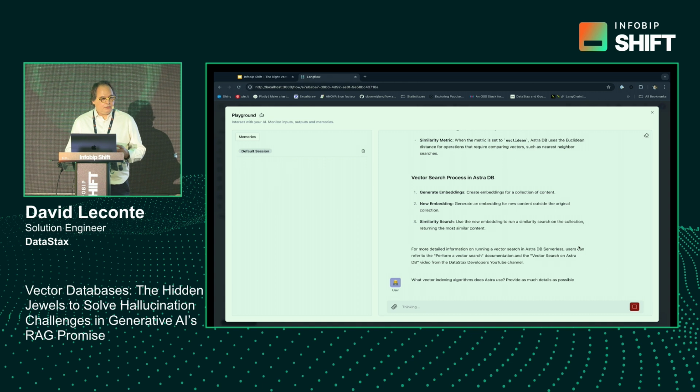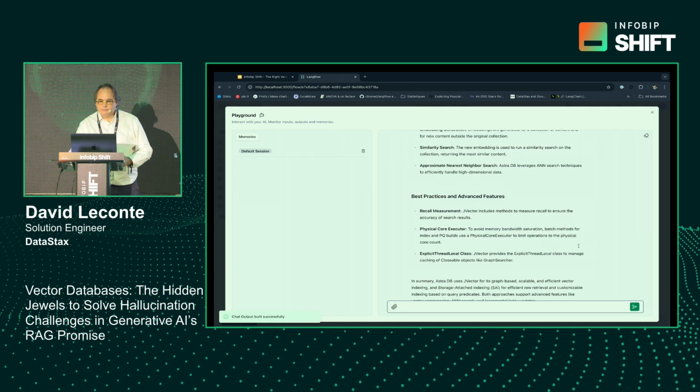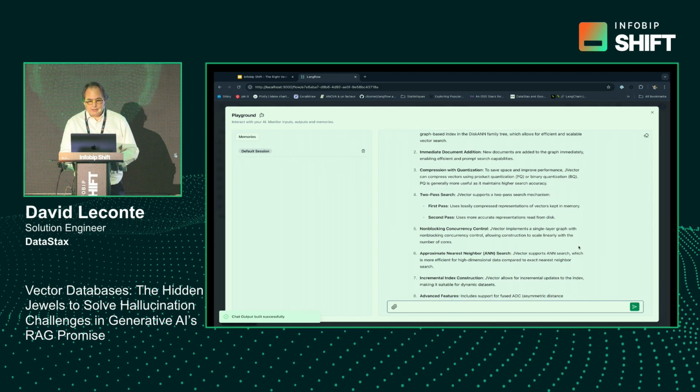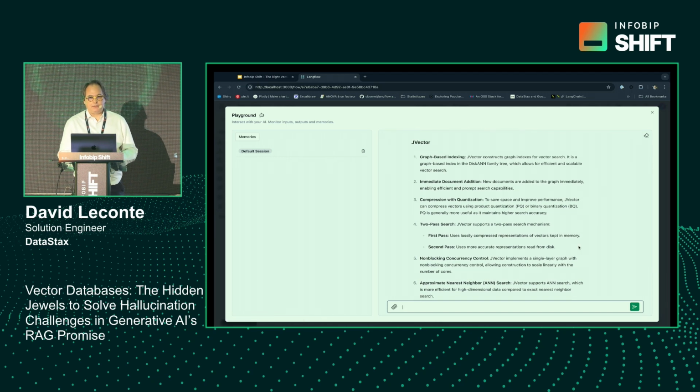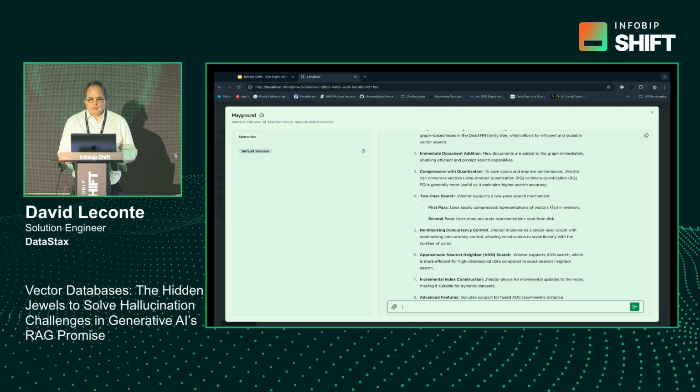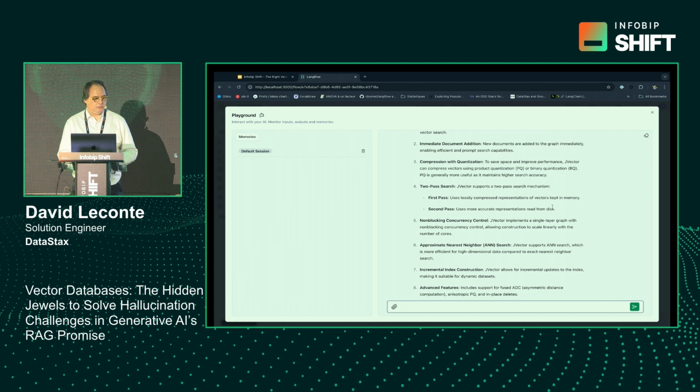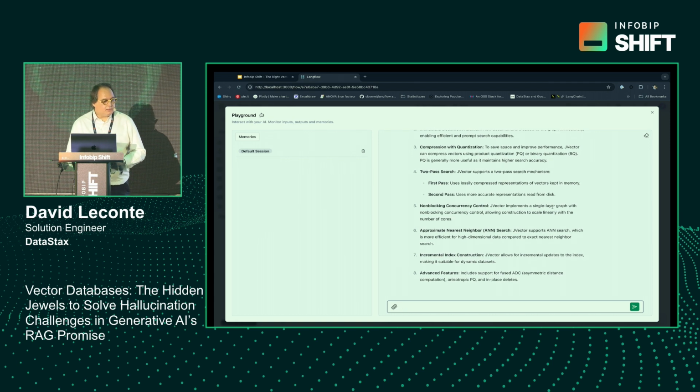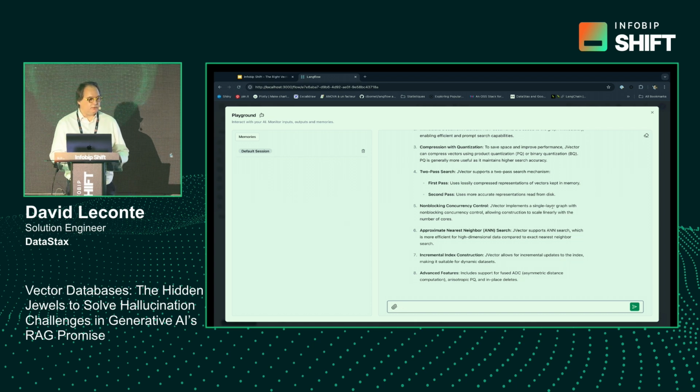In other words, we have improved the context without changing anything in the pipeline, except the way of extracting the context. And here, as you can see, I have a far more detailed answer on what G-vector is, far more useful, which means that accuracy has been largely improved.